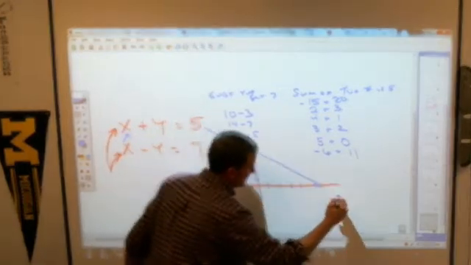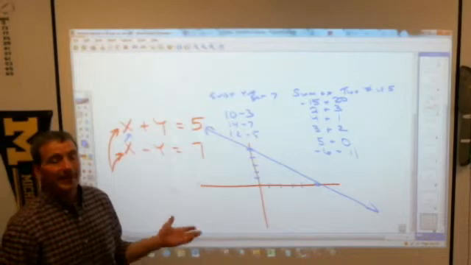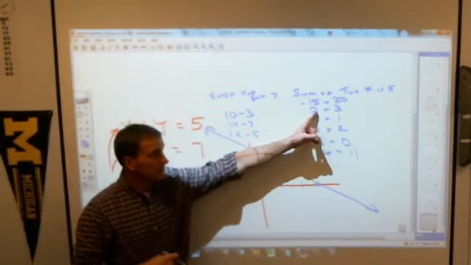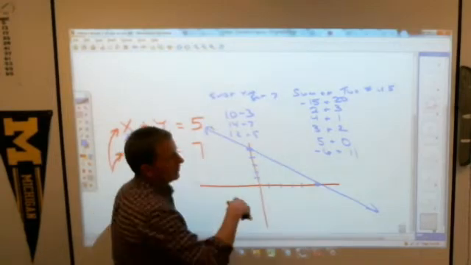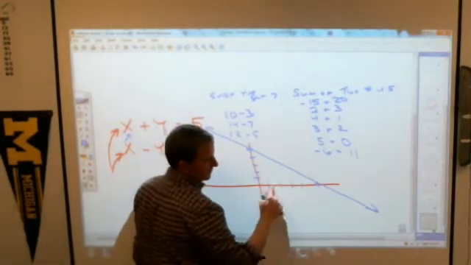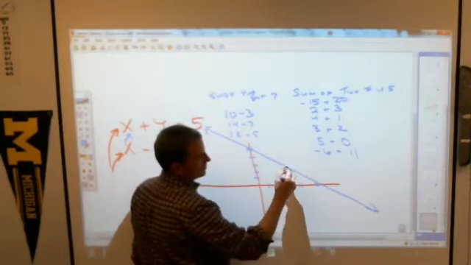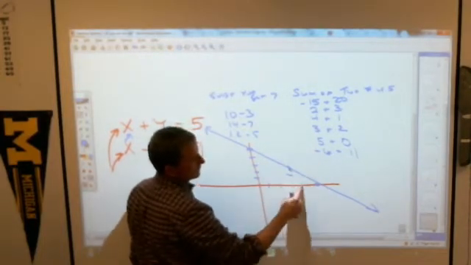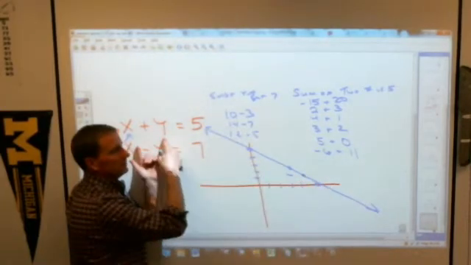Now, what does this line that I drew just stand for? That is all the answers that I could possibly have for this equation. Look, one of the answers I said was 5, 0. Somebody said 3, 2. Somebody said 4, 1. So that's all the answers I get for this one.